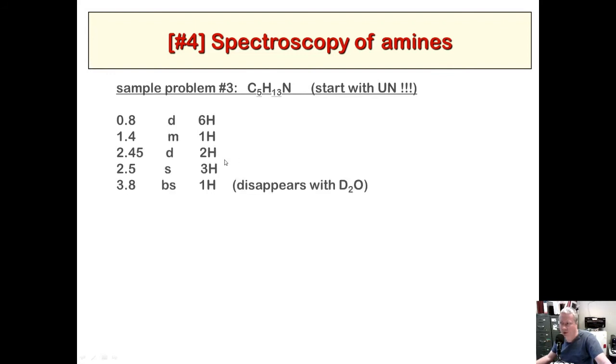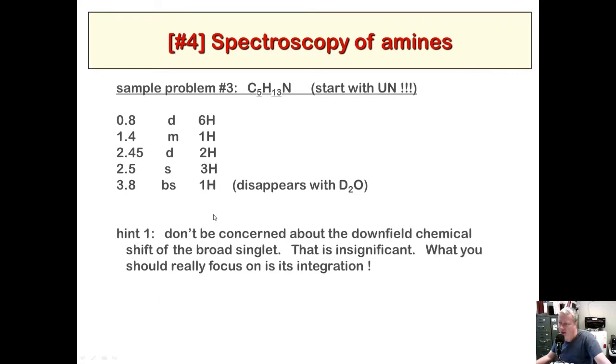And here's one where we have a broad singlet of 1H. Is it going to be a primary, secondary, or tertiary amine? Probably a secondary amine, because you have 2 R groups and 1 H, right? All right. Don't be concerned about the fact that it's at 3.8. That's irrelevant. We know what it is.